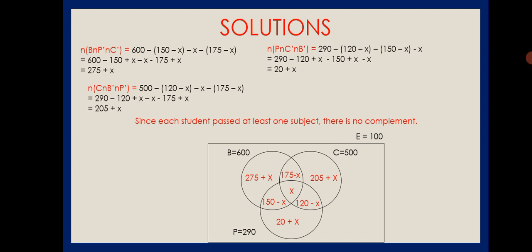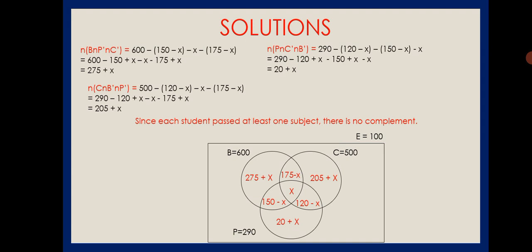Now, to find B only, it should be the total of students who sat for biology, we say 600. So 600 minus (150 minus x) minus x minus (175 minus x). So 600 minus 150 plus x minus x minus 175 plus x.